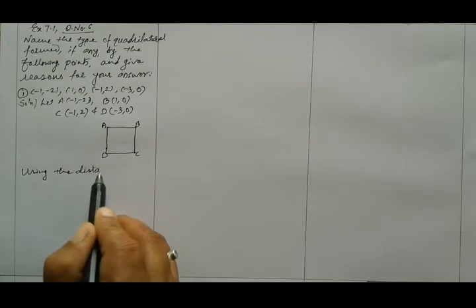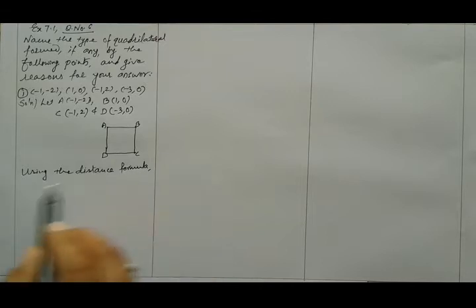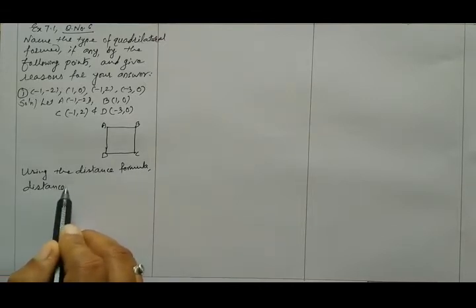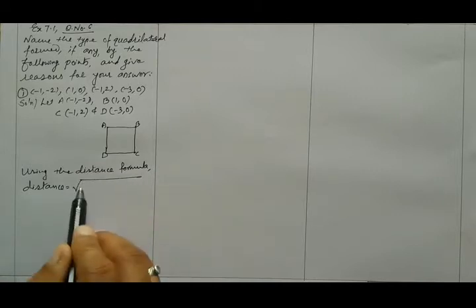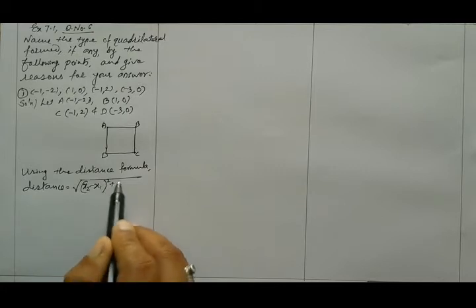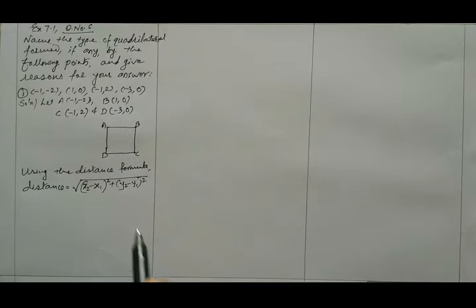Using the distance formula, distance between any two points is given by under root (x2 minus x1) whole square plus (y2 minus y1) whole square.